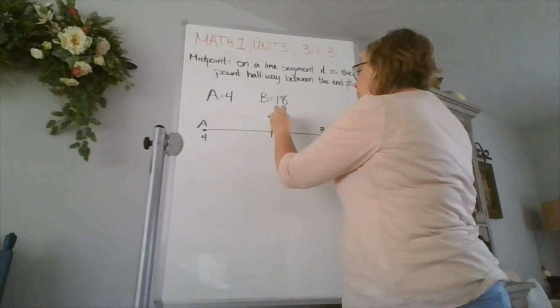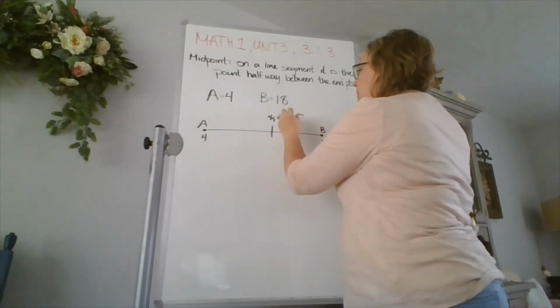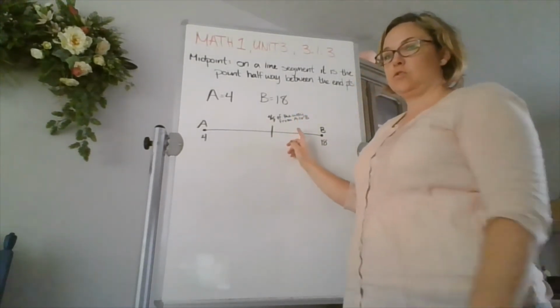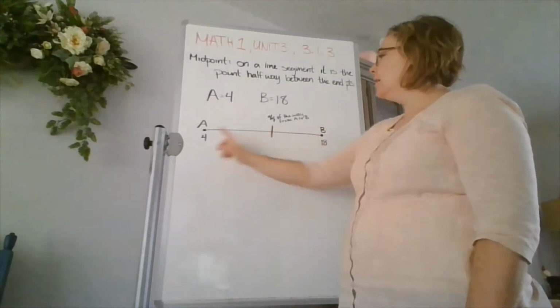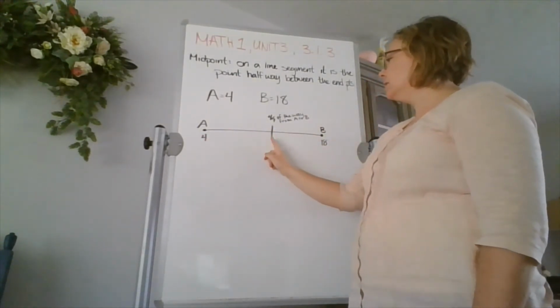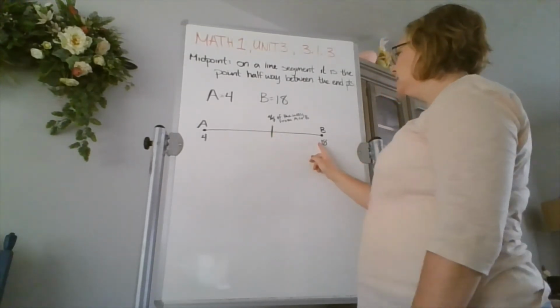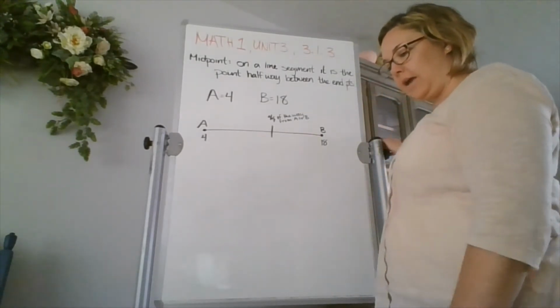I'm going to say that this is 4/7 of the way from A to B. I write so tiny, probably can't even see that. Okay, but we're going to travel along to this point, and it's going to be 4/7 of the distance that A and B cover. So how do we figure that out?